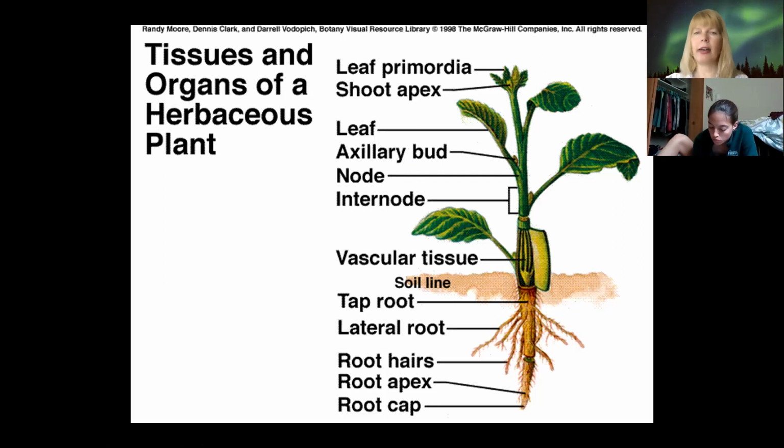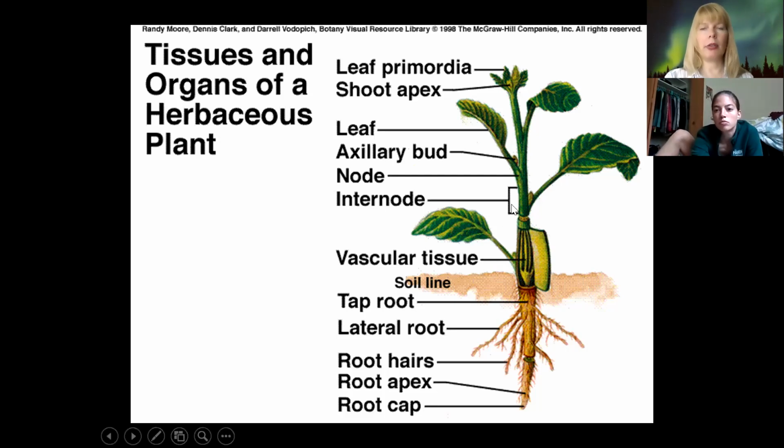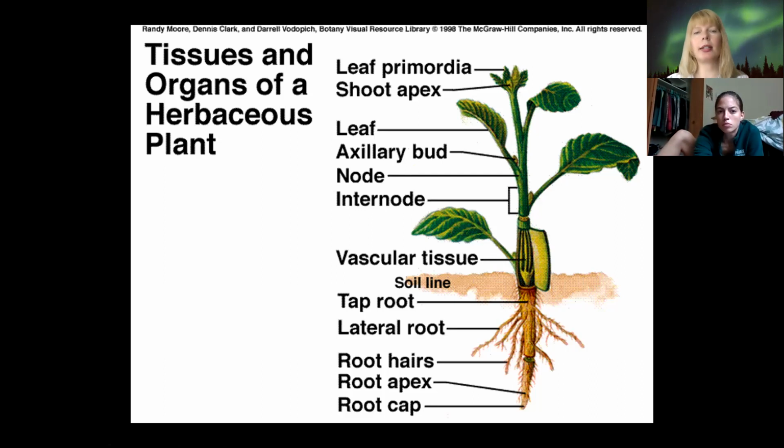But not all plants have that. If you think about some of the herbaceous plants that don't have bark and wood, they don't really have that. So it just depends on the plant you're thinking of, all right? But the big picture idea is, in addition to the shoot apex and the root apex, there's active cell division going on in the stem to allow for stem diameter growth.